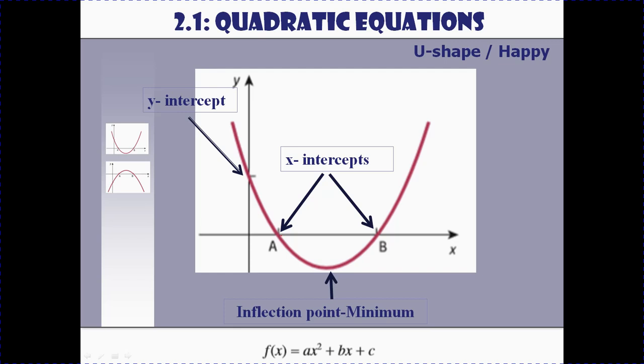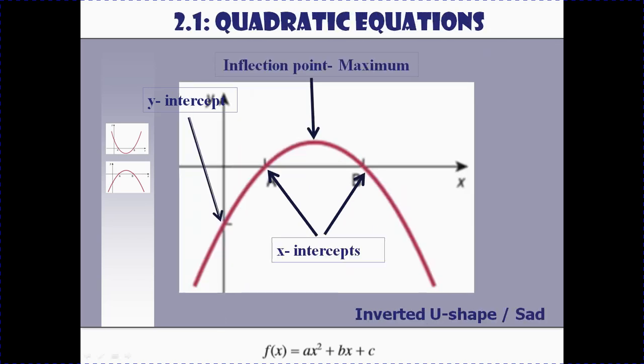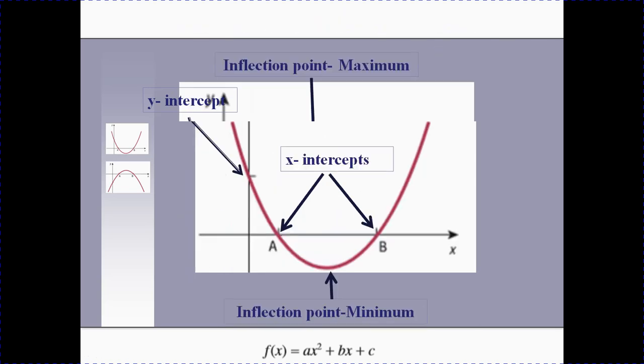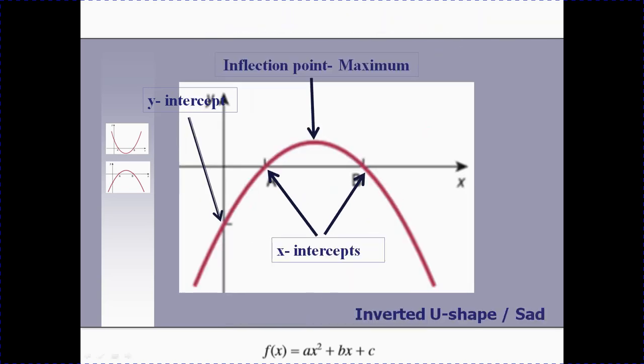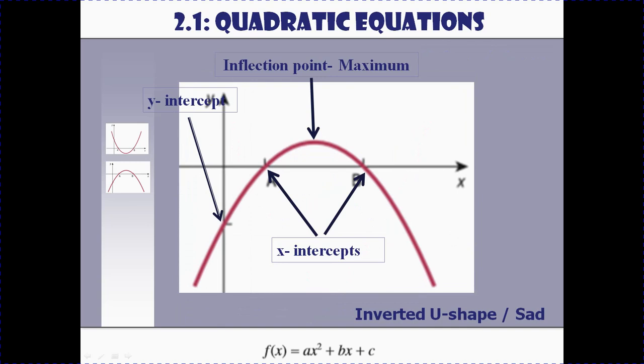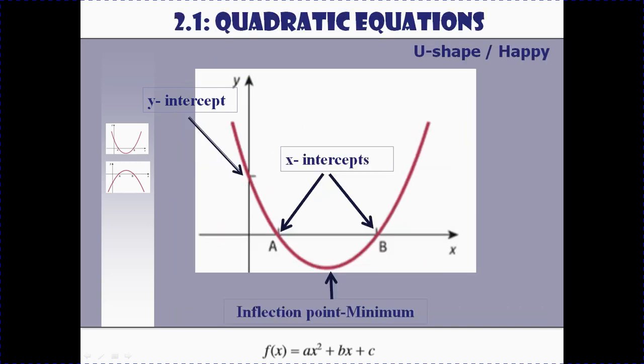We said in a quadratic equation, either it takes this shape or this shape. This shape is called the happy shape, and this is the sad shape. This is the U shape, and this is the inverted U shape. So first we have to determine, for the quadratic equation that we are asked to sketch, which shape it takes.